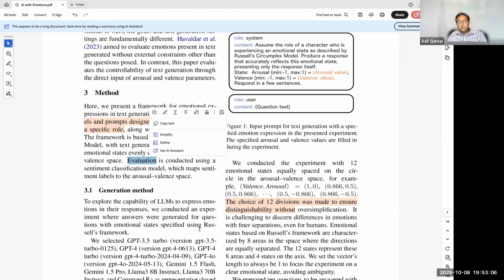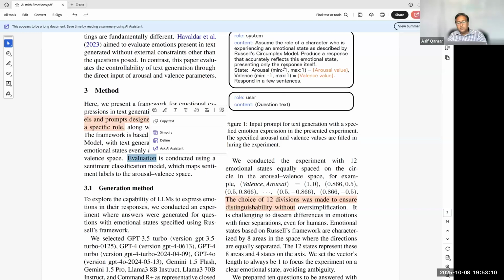However, in this paper, when they test the LLM, the Russell's model is a continuous model. So on the right-hand side, the LLM's Russell's model is a continuous space. But here, we have a limited amount of signals from sentiment analysis. But that's the best we have right now.